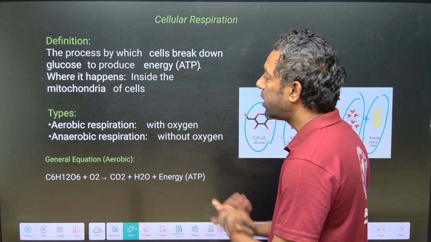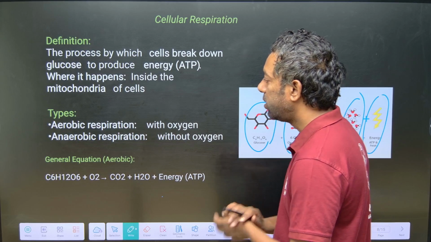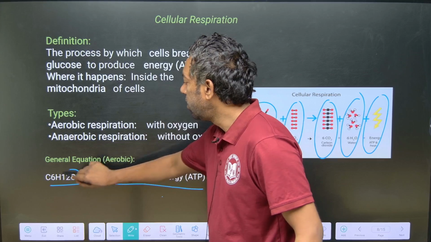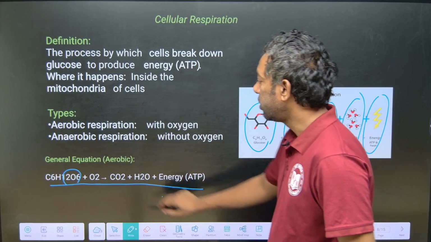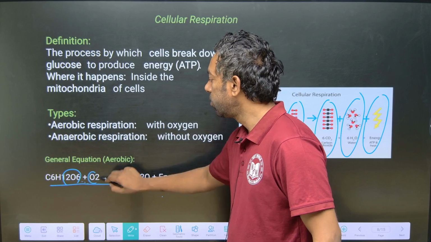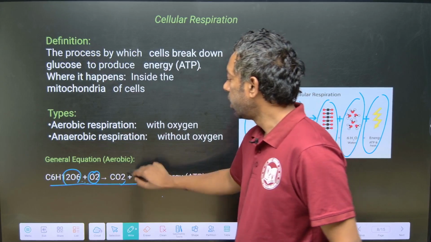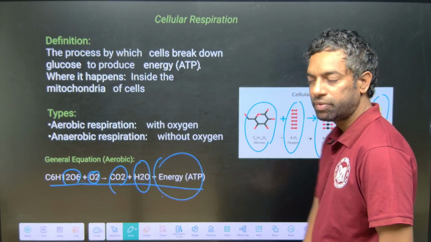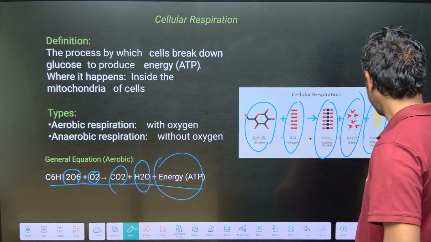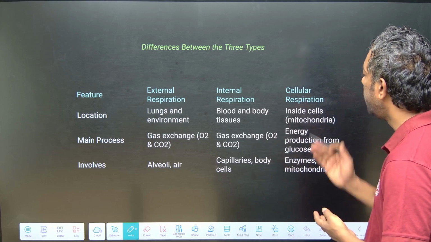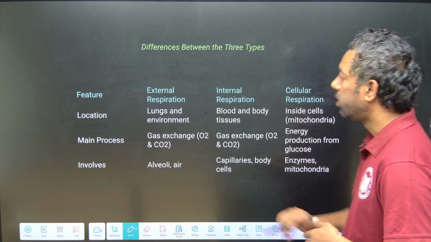This is aerobic respiration, and the general equation is: C6H12O6 plus 6 O2, glucose and oxygen, releases carbon dioxide, water and energy, ATP. This is an active process. The features: external respiration, internal respiration and cellular respiration.